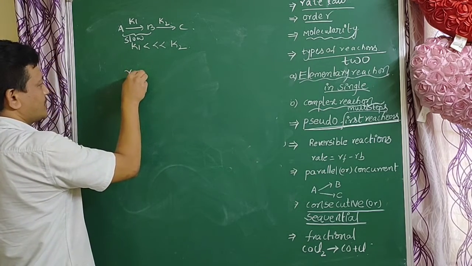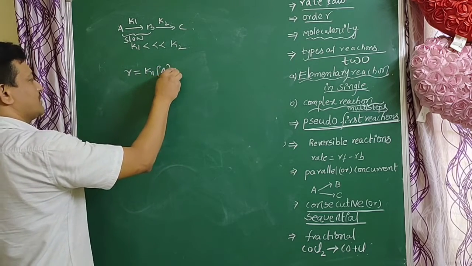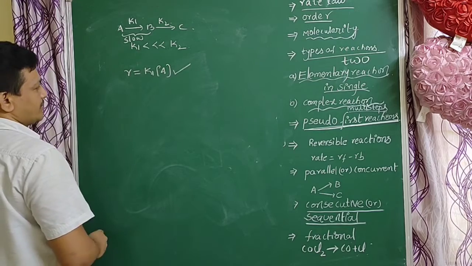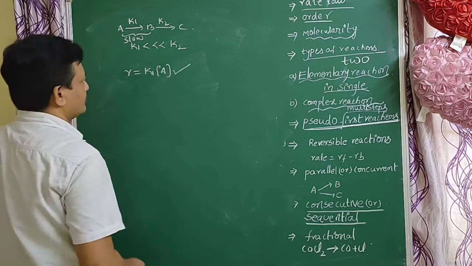Rate equals K1 into concentration of A, so the rate depends on the rate determining, slow step.